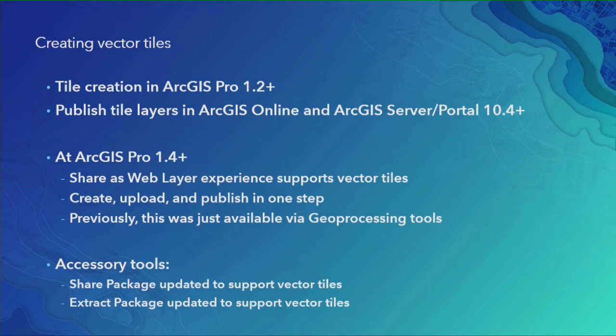Now, one tool I haven't mentioned in here yet that Jeremy was referring to earlier: if you really want to sense out what aspects of your data set are large, you can either create the vector tiles and see it with extract package after the fact, or beforehand you can use the create vector tile index tool, and that will analyze your map and produce polygons, which are indicative of the tiles that will be created on disk.